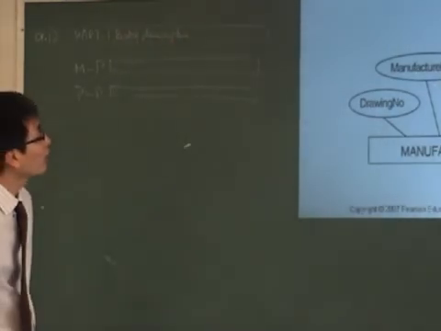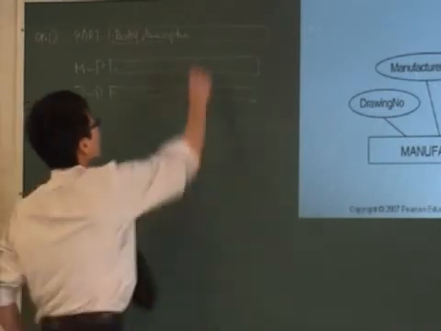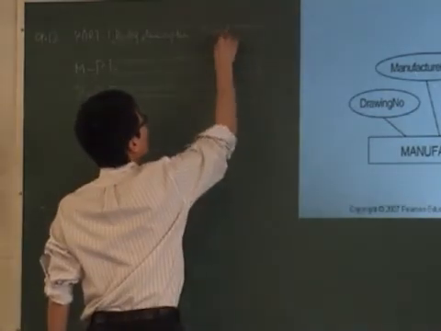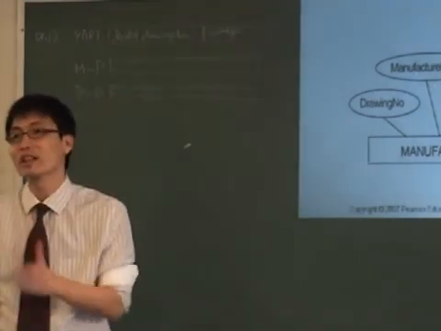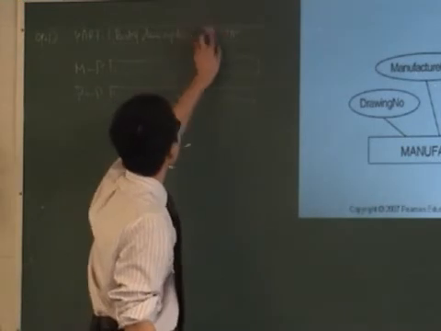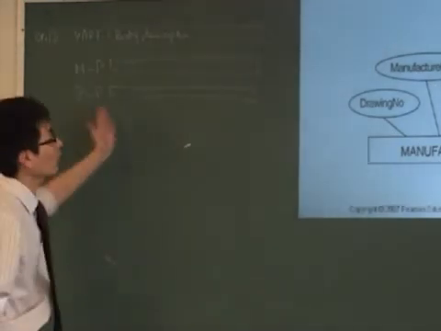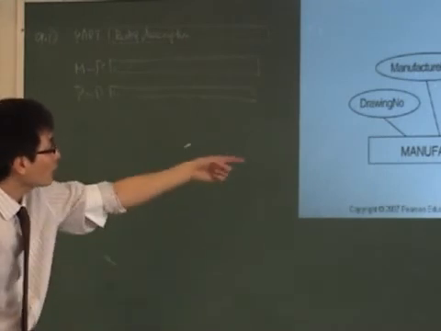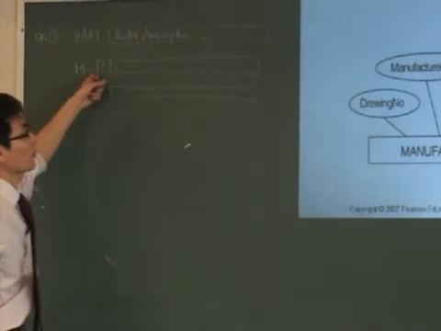Okay? Then if you want the part type like this, you can add it, but only in the disjoint case. But here, actually we don't need it, because it's already specified.